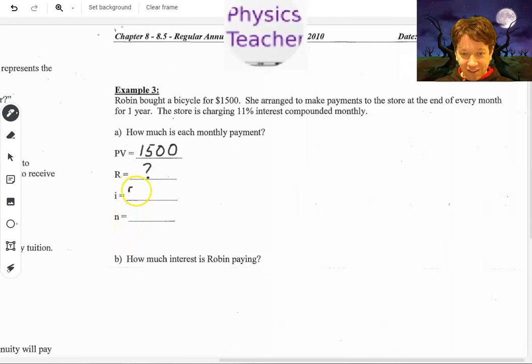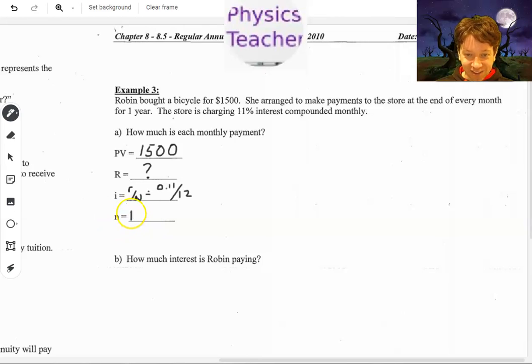Now, I is R over N, where R is the interest rate. It's 11%, so 0.11. It's kind of steep. If you get a car loan, you should definitely not get something that's 11%. If it is, say no. Divided by, it's monthly, so we're making 12 payments per year.